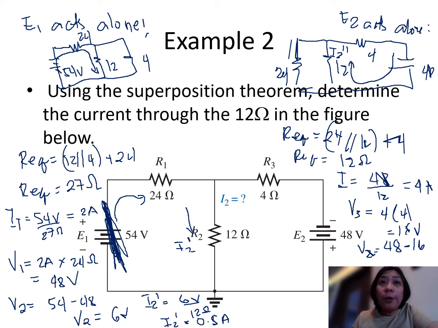So we can solve for the value of I2 double prime. I2 double prime is equivalent to 32 divided by 12. 32 divided by 12 will give us 2.67 amperes.